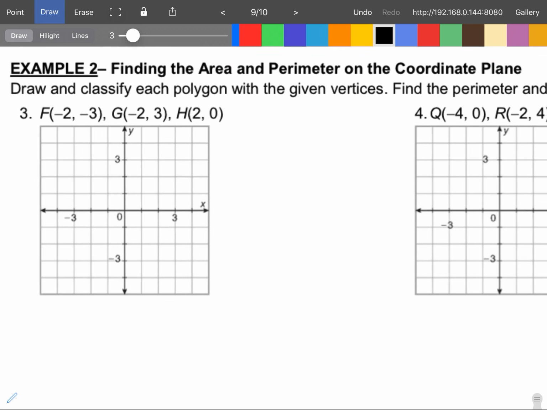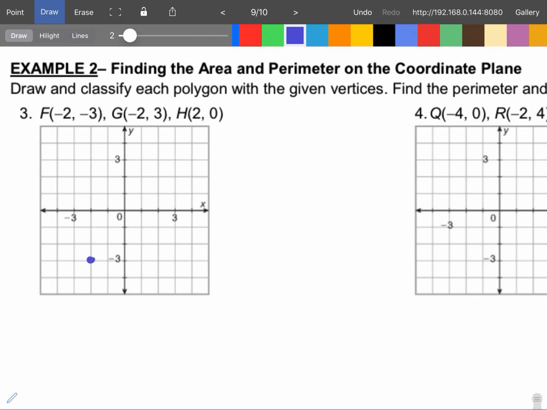Okay, so we got to plot these points. We got the point -2, -3, that's point F. So that's 2 left and 3 down.